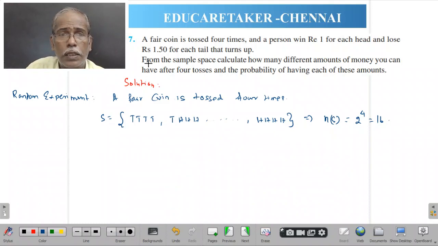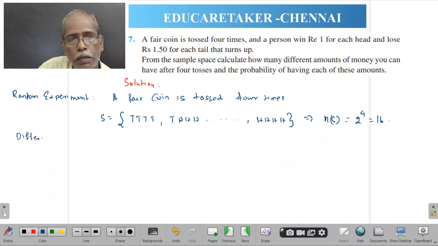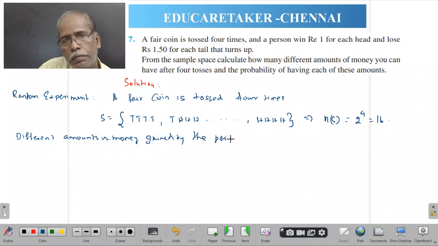And if you look at the question, from the sample space, calculate how many different amounts of money are possible, the different amounts of money gained by the person. We have to look at all the possibilities.